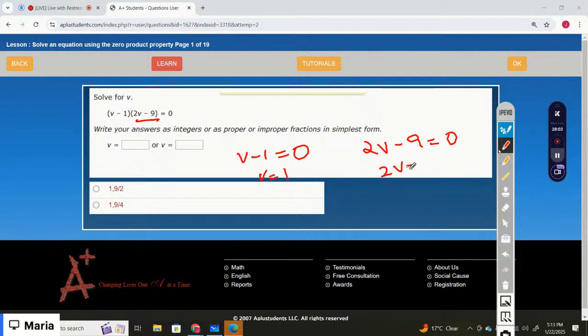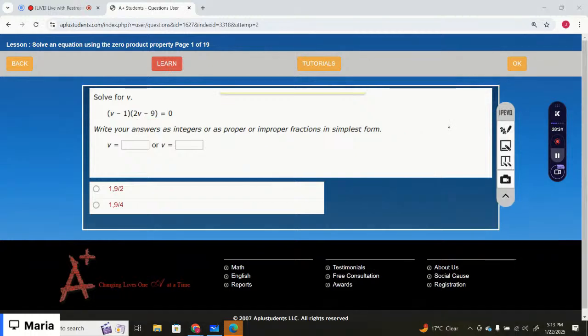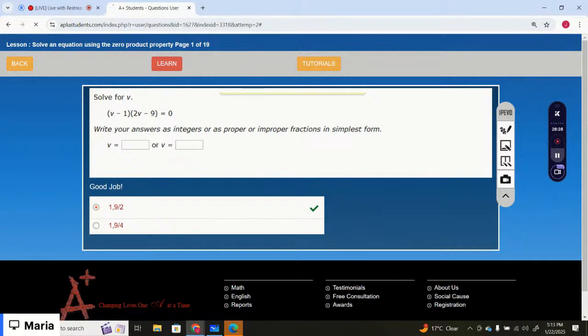V equals 1 and 2v equals 9. So v equals 9 by 2. So which is the correct option? Option number 1 is the correct option, that is 1 and 9 by 2.